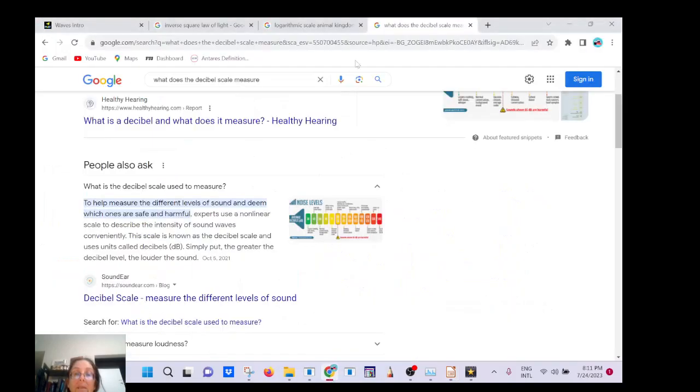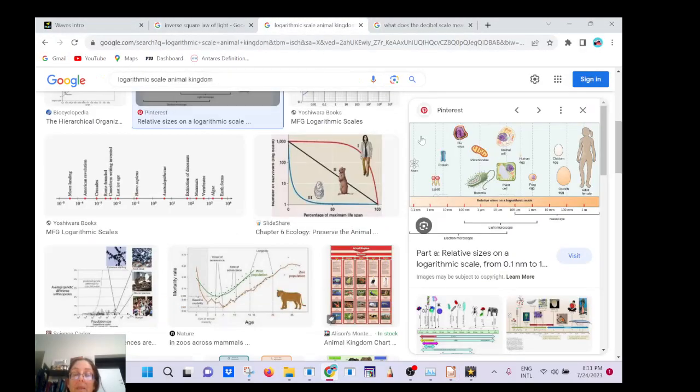So for example, in our world, if you want to compare an atom and a human, you see, it's impossible to have all those sizes on the same scale. So you use a logarithmic scale.